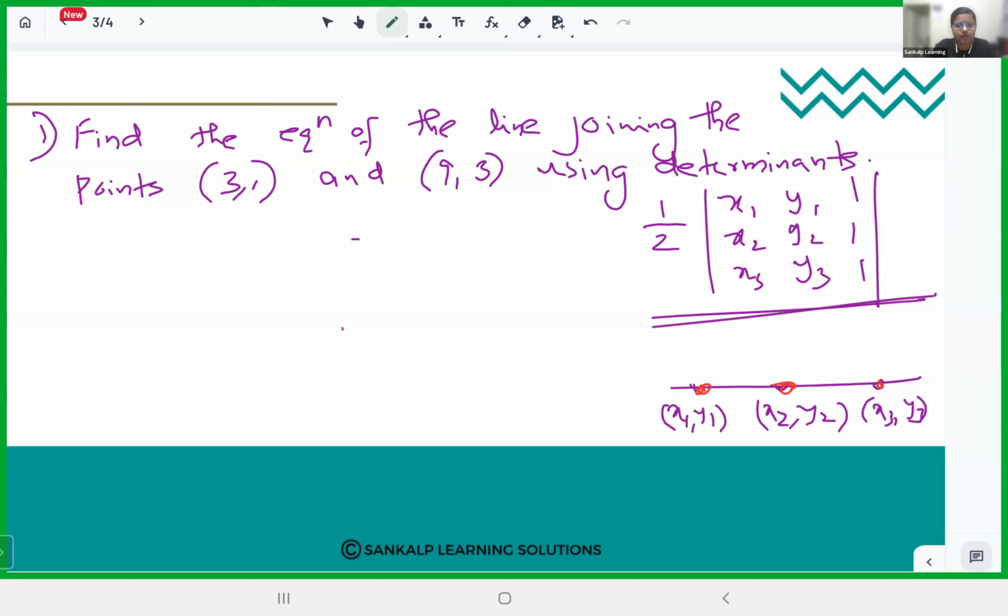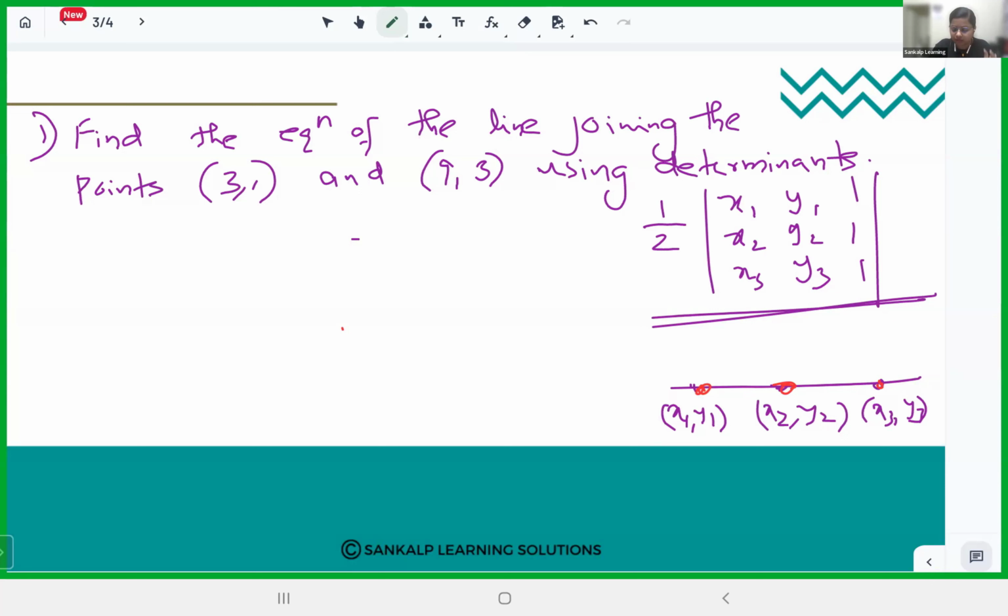So what will be the area of the triangle? A triangle itself cannot be formed. So what is the area? Area will be 0. So if the points are on the same line, or if the points are collinear, then we can say that the area is 0.